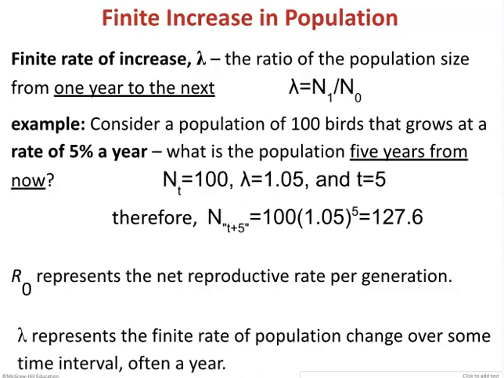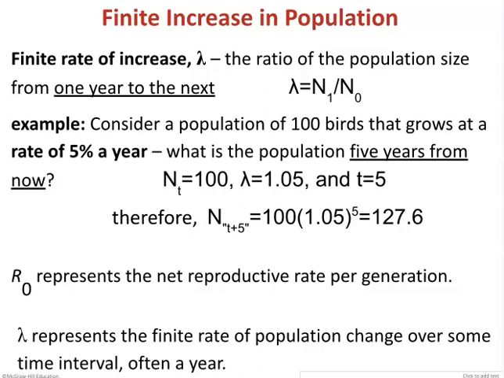The next year it would be 100 times 1.05. But 5 years from now, we would do 100 times 1.05 raised to the 5th power. This would give us, in 5 years, 127.6, so about 128 birds.